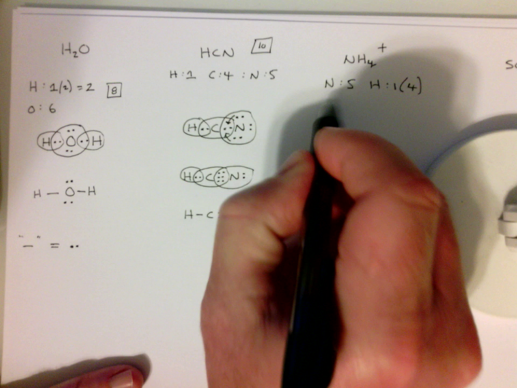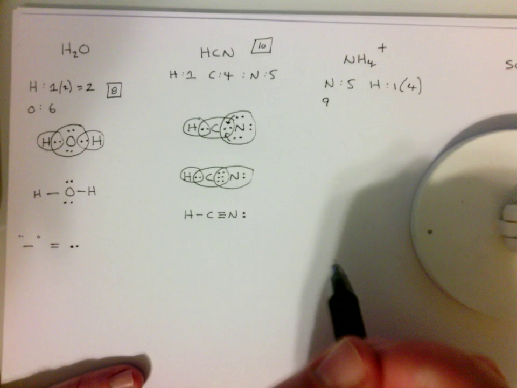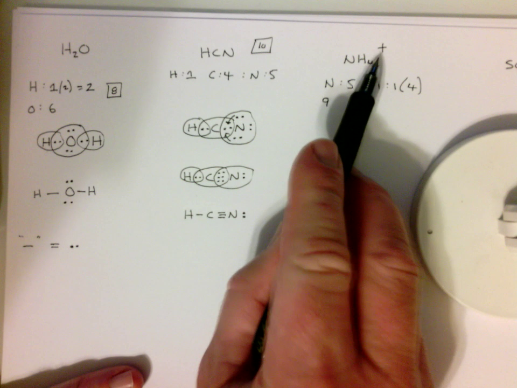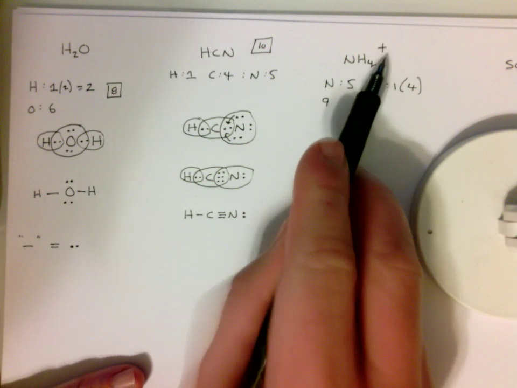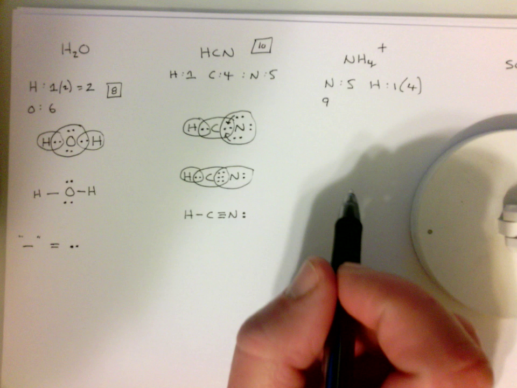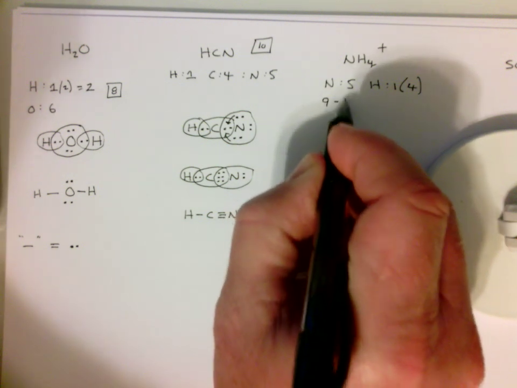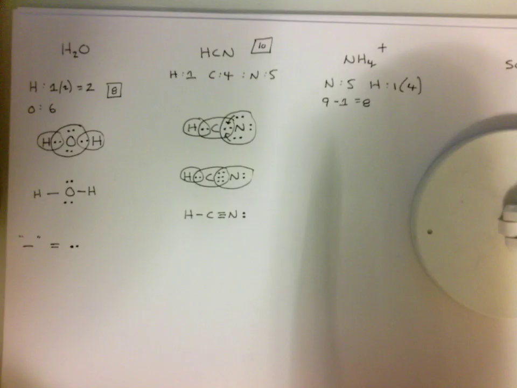So we would think we'd have a total of 9 valence electrons available, but the entire ion has a positive 1 charge, meaning that it has lost an electron somewhere. So instead of 9 possible electrons, we only have 8.